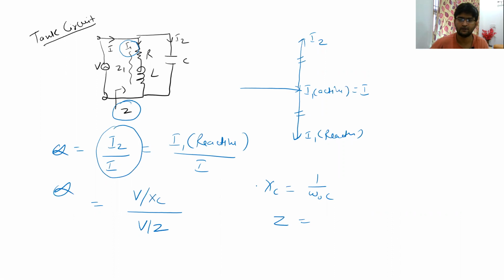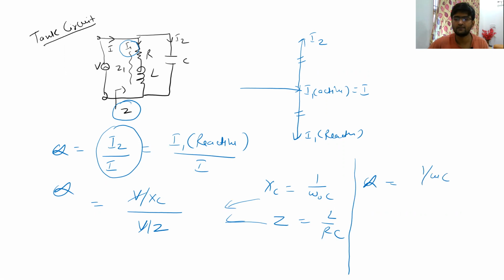So we will replace this Z as L upon RC, and let's put these things into this equation. So we will get Q is equal to 1 upon omega naught C divided by L upon RC.